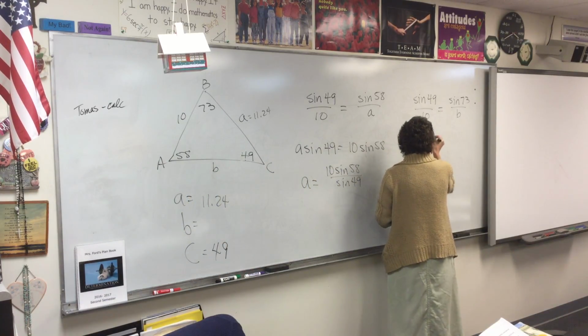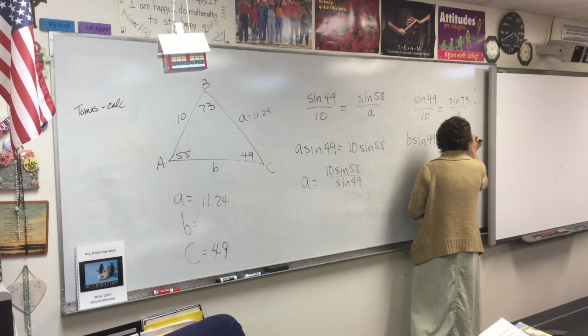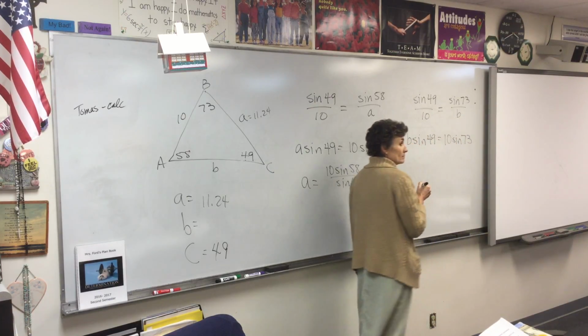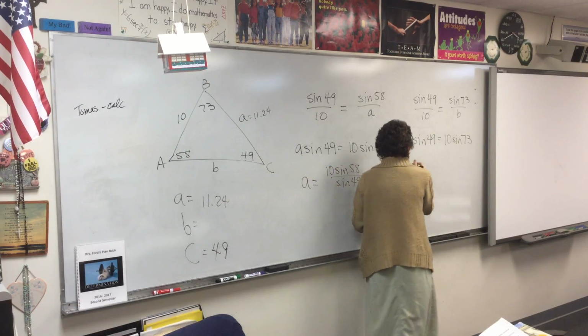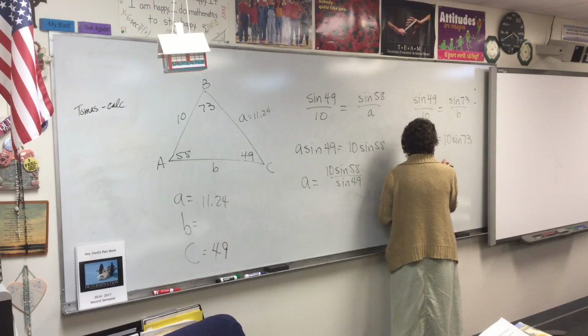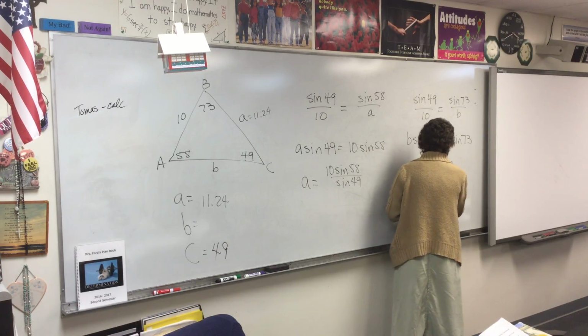So B sine 49 equals 10 sine 73. And B equals 10 sine 73 over sine 49.